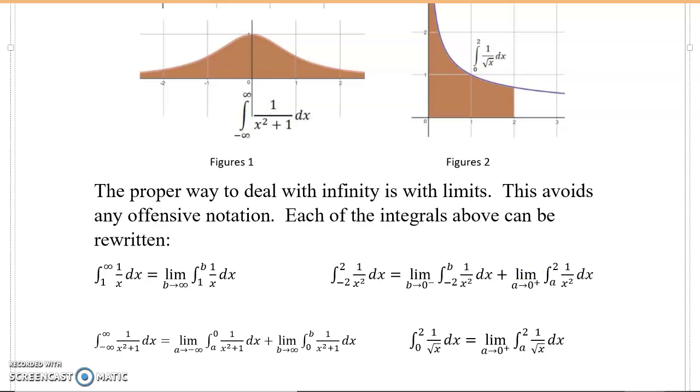But we replace the infinities with b's, or negative infinities with a's, and we let those a's and b's approach negative infinity and positive infinity. Likewise, over here, since 0 was the problem, we're going to let b approach 0 from the left, or a approach 0 from the right, depending on which side we're evaluating.